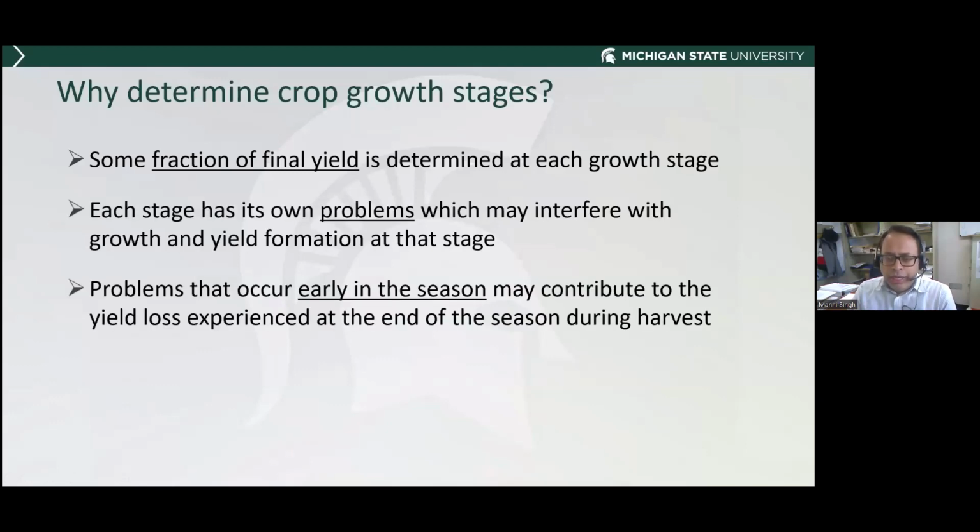At pretty much each of these growth stages, the crop plant is dealing with unique scenarios, various biotic and abiotic stresses, insect pressure, disease pressure, drought, too much water. If we are not careful about dealing with these problems early in the growing season, we might lose that yield potential. And once we lose it, we cannot recover it.